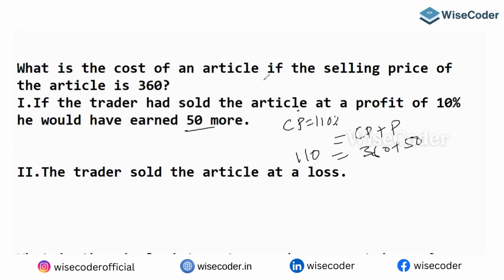He's asking for the cost price, and the cost price is always 100%. So 110% equals 410, and then 100% you are going to get as your answer. So the answer is choice 1.